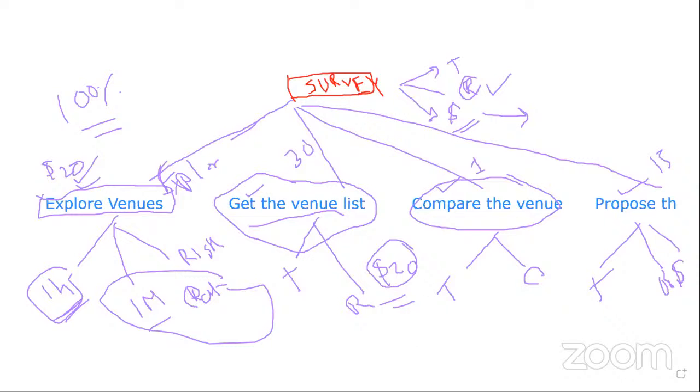Basically, when we evaluate the task here, the dimensions would be time, cost, and resources. These are the 3 dimensions we'll be looking at. With this, you also need to find out the quality requirements, because for each activity there may be a quality component.